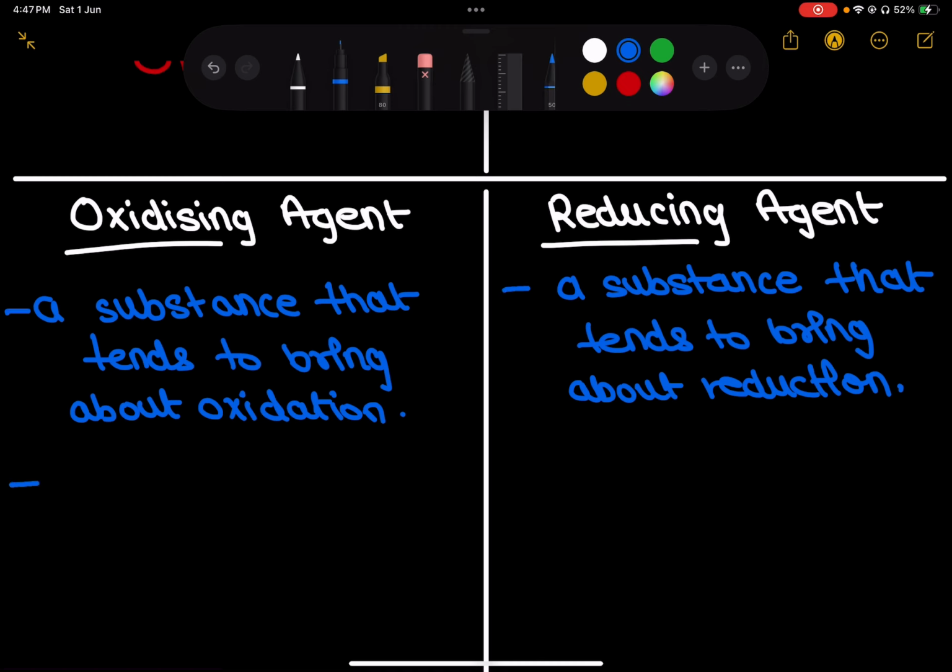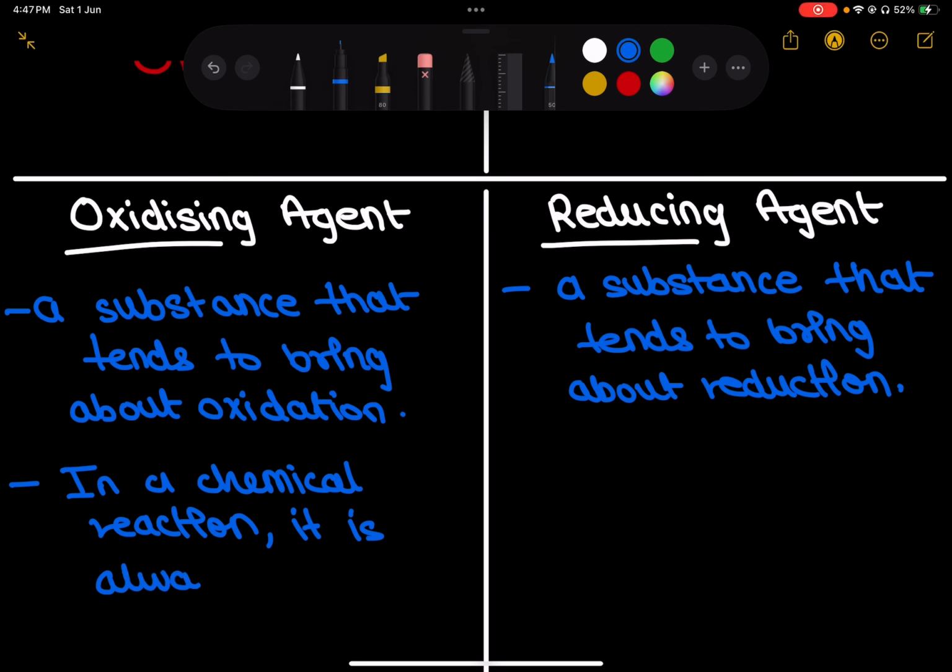So in a chemical reaction, the oxidizing agent is always reduced. Oxidizing agent is always reduced. This might seem a bit confusing. Just get your facts clear.